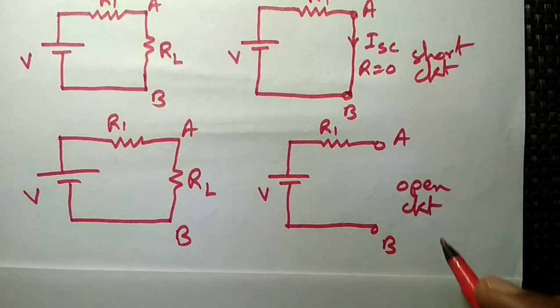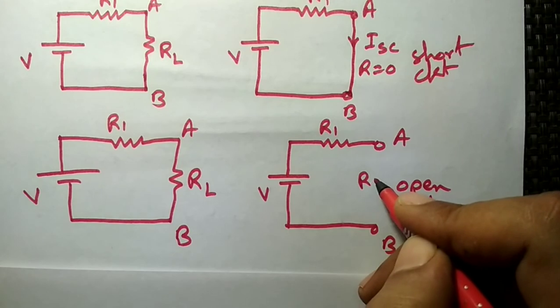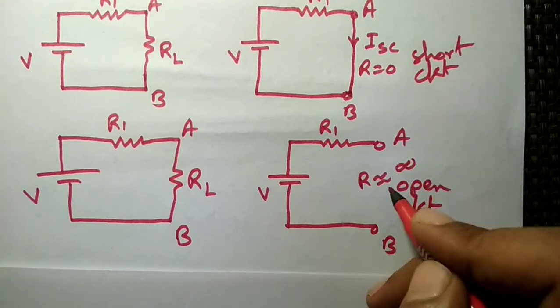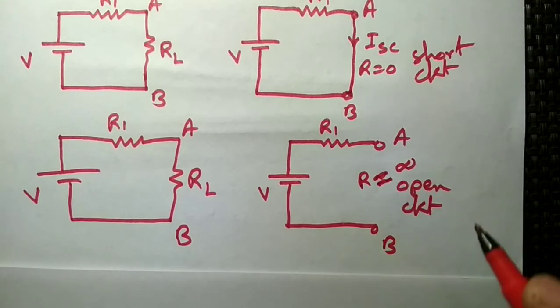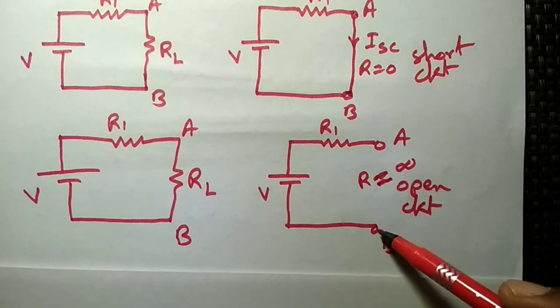Remember one thing, for the open circuit condition, the resistance between A and B is considered infinity. And as the resistance is infinity, in case of an open circuit, no current will flow between the A and B terminals.